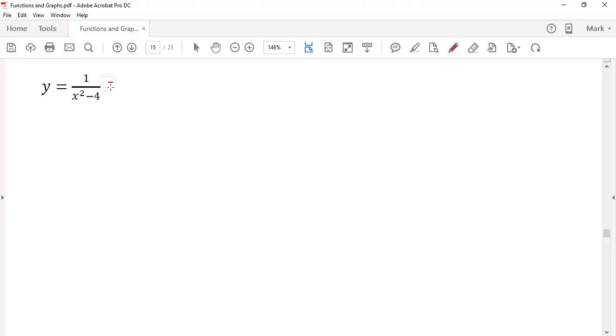Notice that at the bottom, it's a difference of 2 squares. So that can be written as 1 over (x minus 2)(x plus 2).